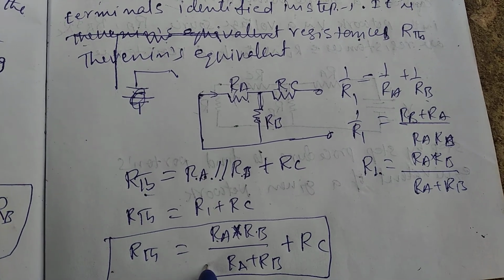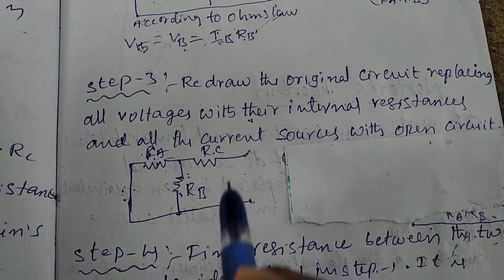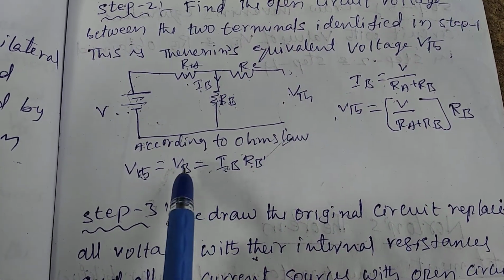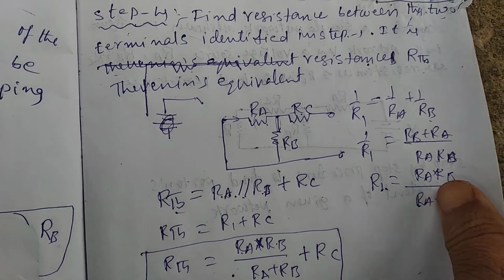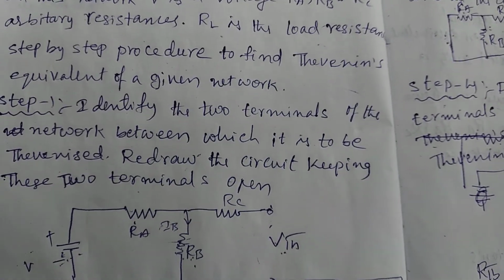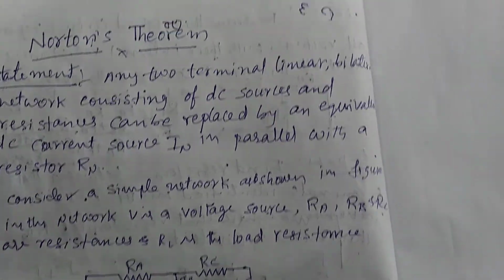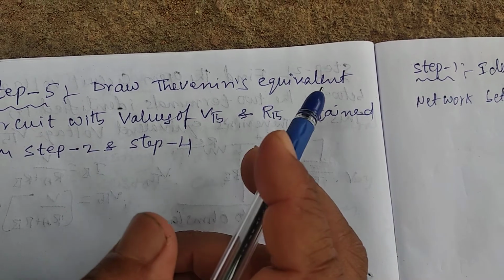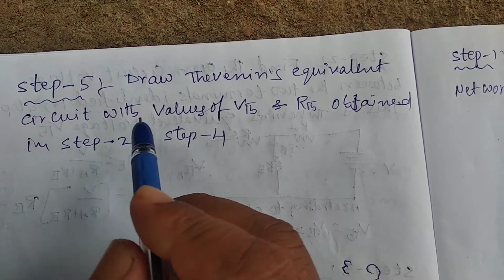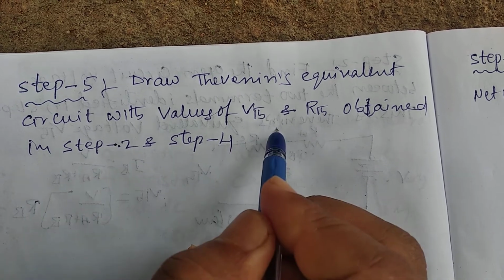So here we got Rth, and in this equation we got Vth. For Rth and Vth we are going to draw one circuit diagram finally, that is Thevenin's equivalent circuit. Fifth step: draw Thevenin's equivalent circuit with the values of Rth and Vth obtained in step 2 and step 4.